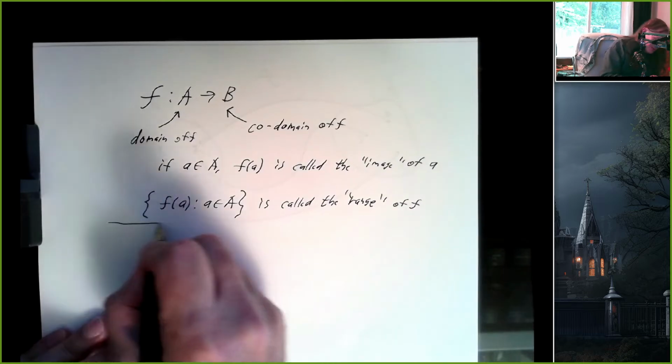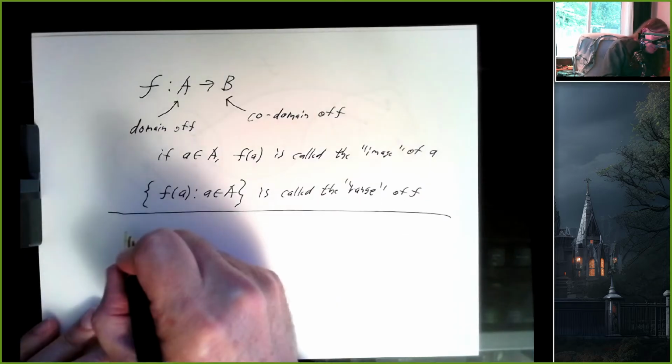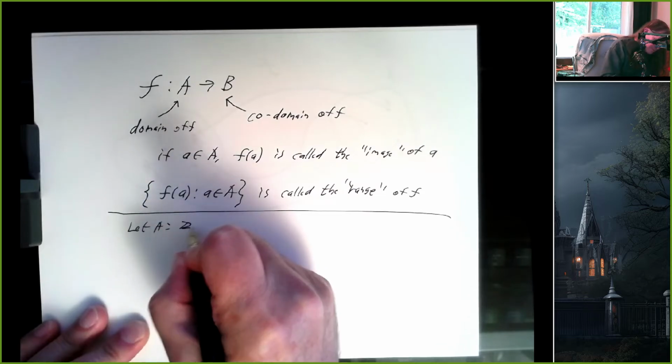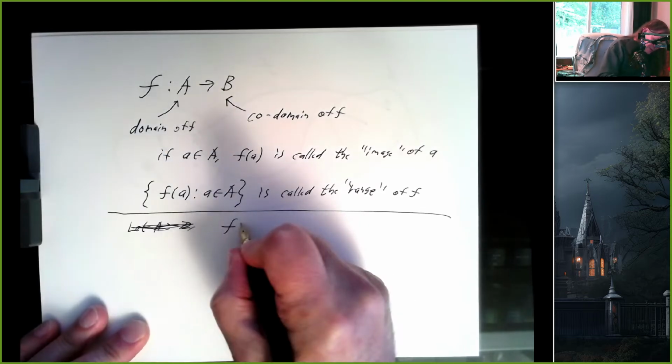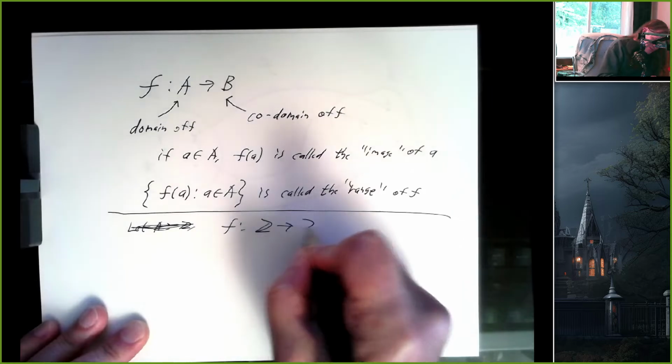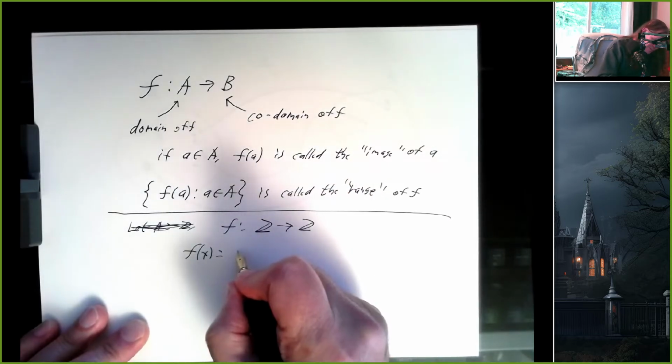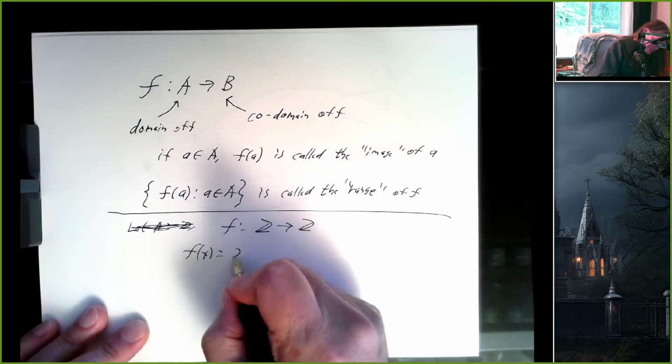Alright, so examples work better sometimes. Let's have f go from the set of integers to the set of integers. F of x equals 2 times x.